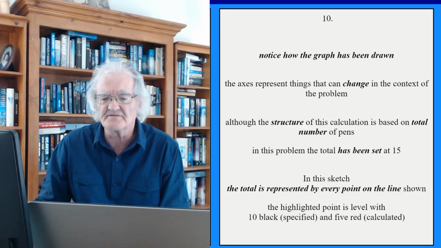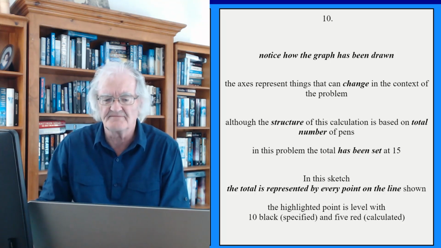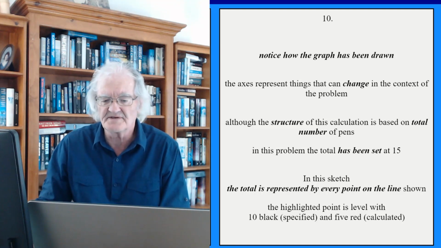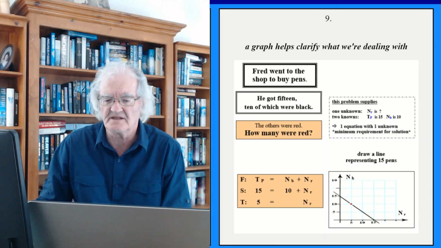Although the structure of this calculation is based on total number of pens, in this problem the total has been set at 15. So in the sketch, the total is represented by every point on the line shown. The highlighted point is level with 10 black, which were specified, and 5 red, which were calculated.